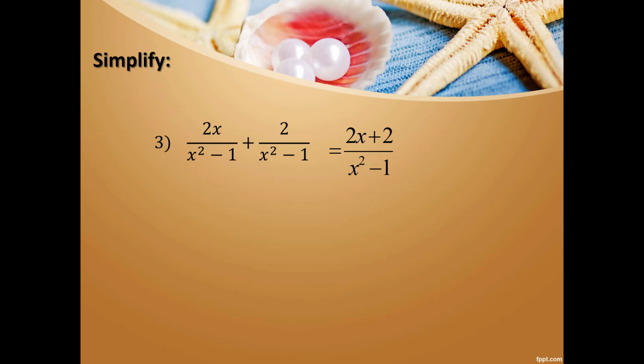And then on the bottom, we just need to factor that out into 2 polynomials. Okay, so up top, we can take a 2 out, which would leave us with 2 times x plus 1. And on the bottom, you can break it into x plus 1 times x minus 1.